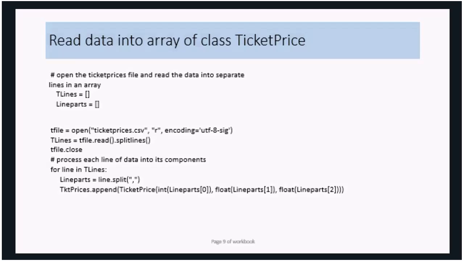So what we do now is we build that into our ticket prices array, ticket prices.append. This is us making a new instance of class ticket price. The init function needs us to provide stages, full fare and concession as the 3 arguments.